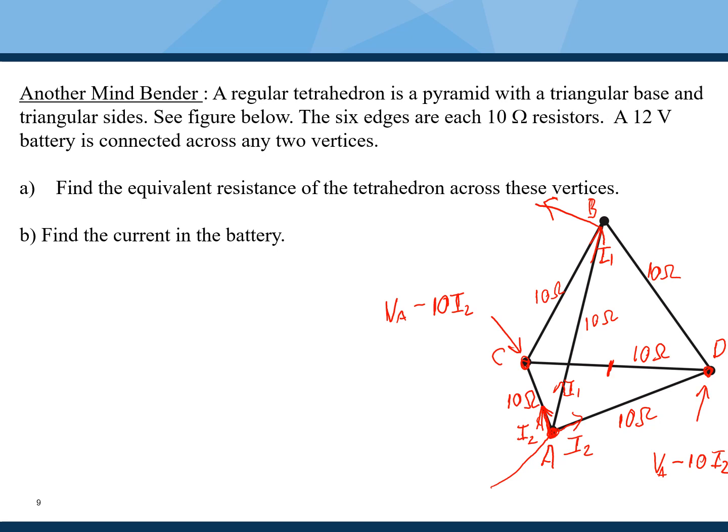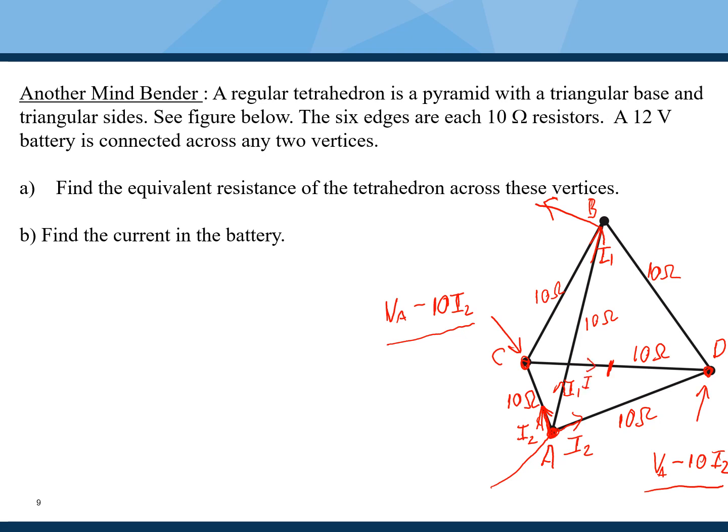And we also understand that there's no voltage difference between the points C and D. If there is no voltage difference, then the bottom line is that along the leg that connects C to D, there will be no current flow.